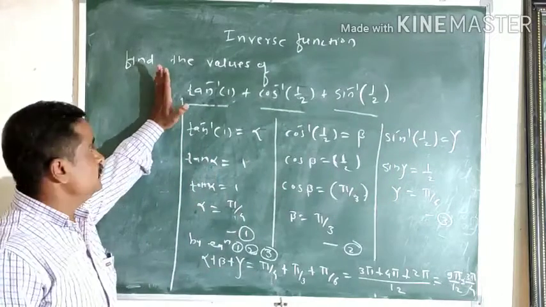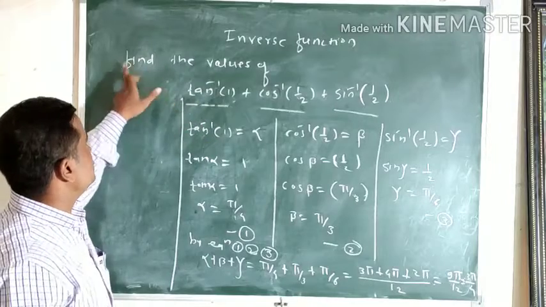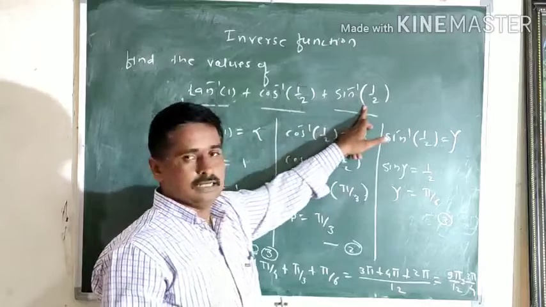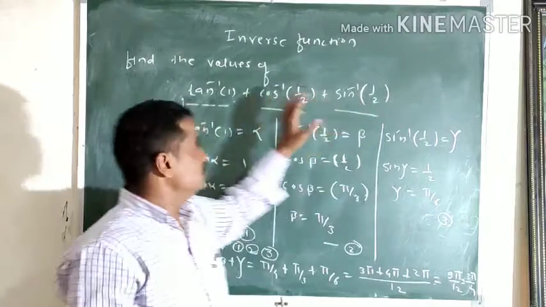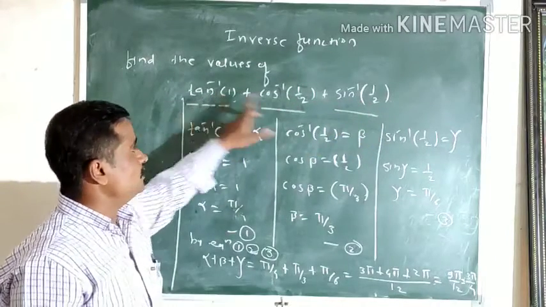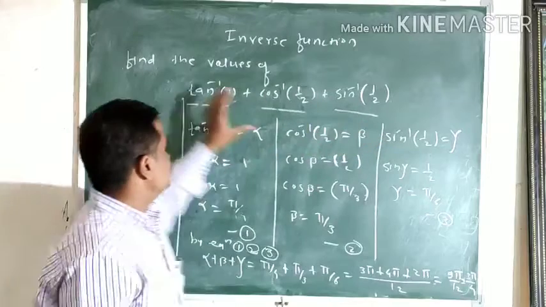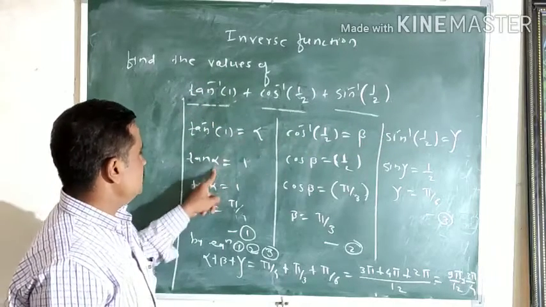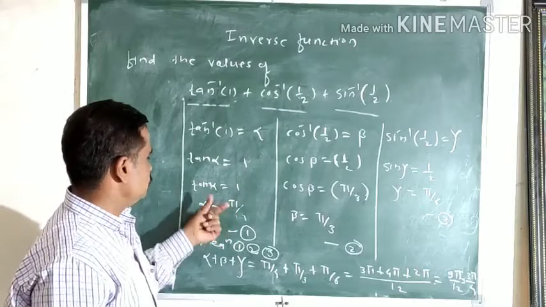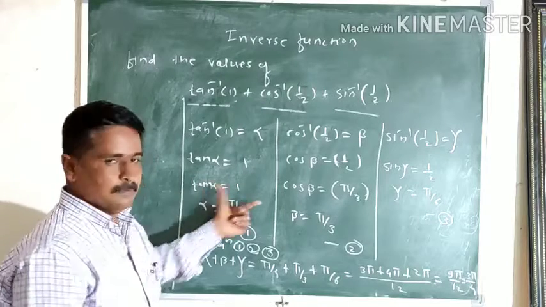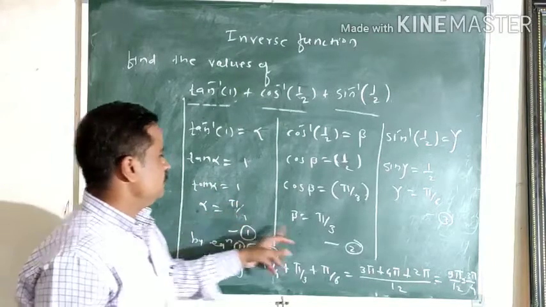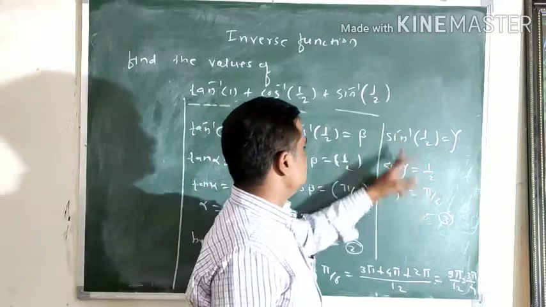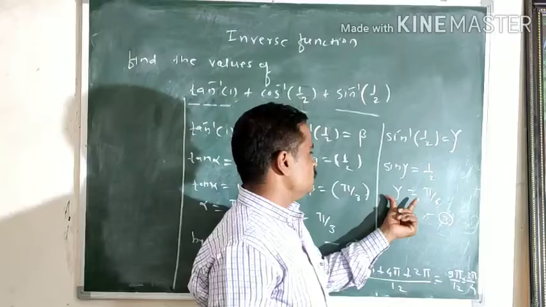So to find the value of tan inverse of 1 plus cos inverse of half plus sin inverse of half, we consider alpha, beta and gamma. Alpha equals pi by 4, beta equals pi by 3, and sin inverse of half gives gamma equals pi by 6.